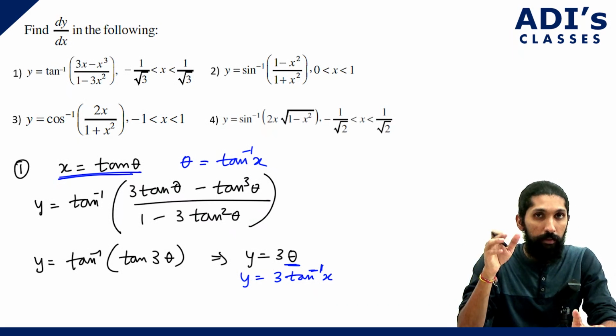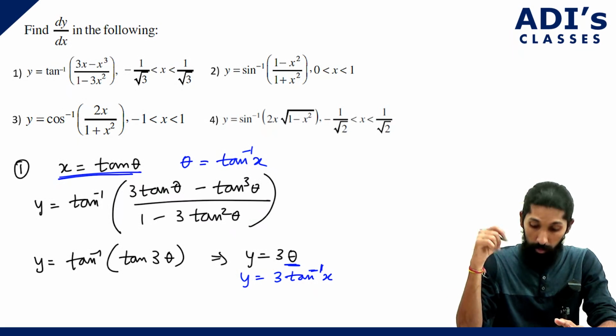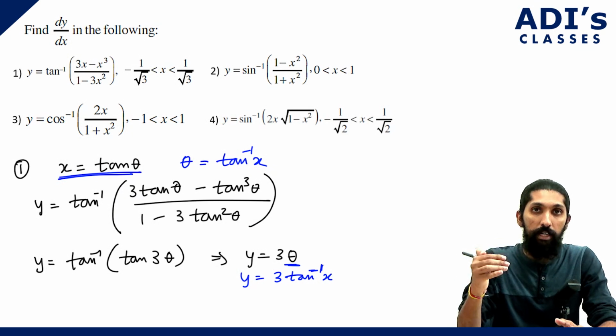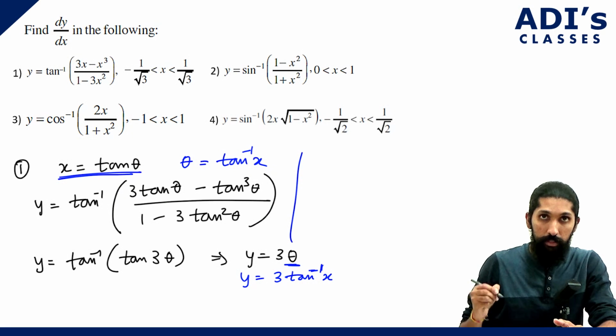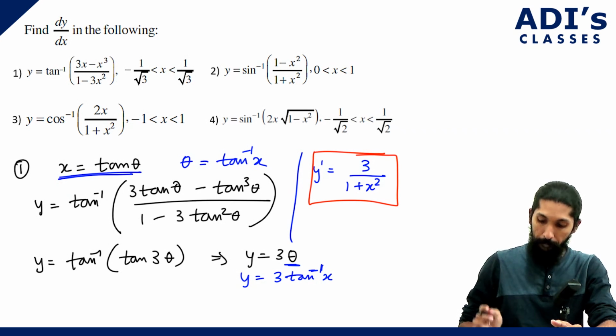Differentiate. Don't you think the derivative of tan inverse x is 1 by 1 plus x square? Remember the table. So y is equal to 3 tan inverse x. So y dash, we'll just calculate it. I'll write it right here itself. So you'll get y dash is equal to 3 divided by 1 plus x square. So at the end, this is going to be the answer.